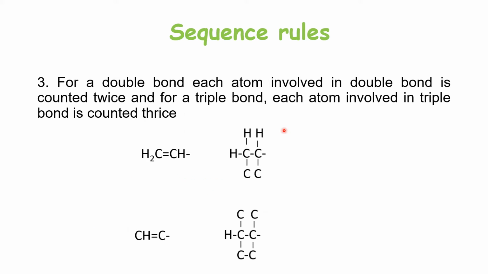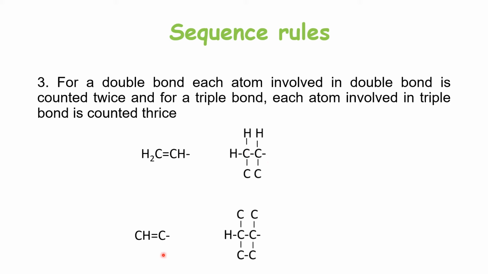The third rule is when you see the next atoms attached, if they are same again and they are having multiple bonds, then if there is a double bond, each atom which is part of that double bond is counted twice. So considering a double bond between two carbons, you need to count actually 4 carbons.